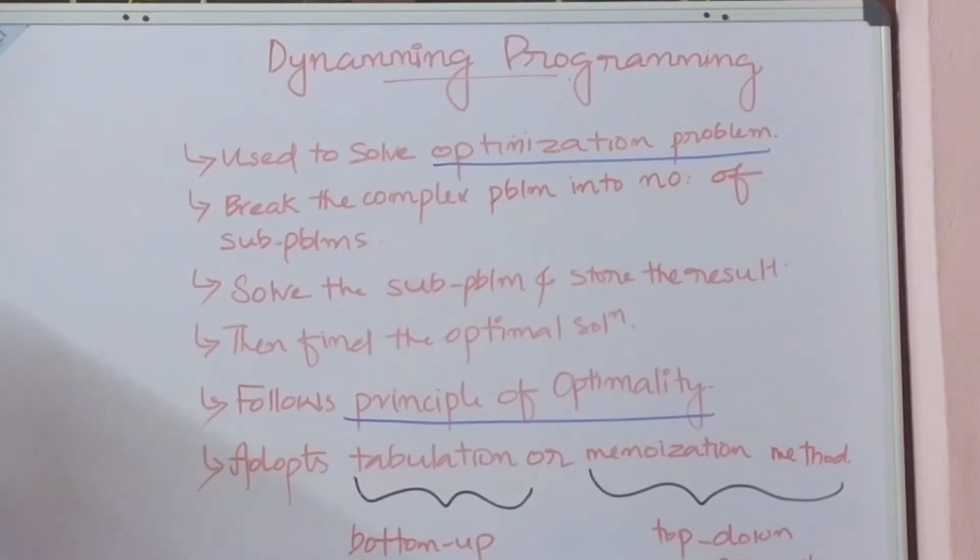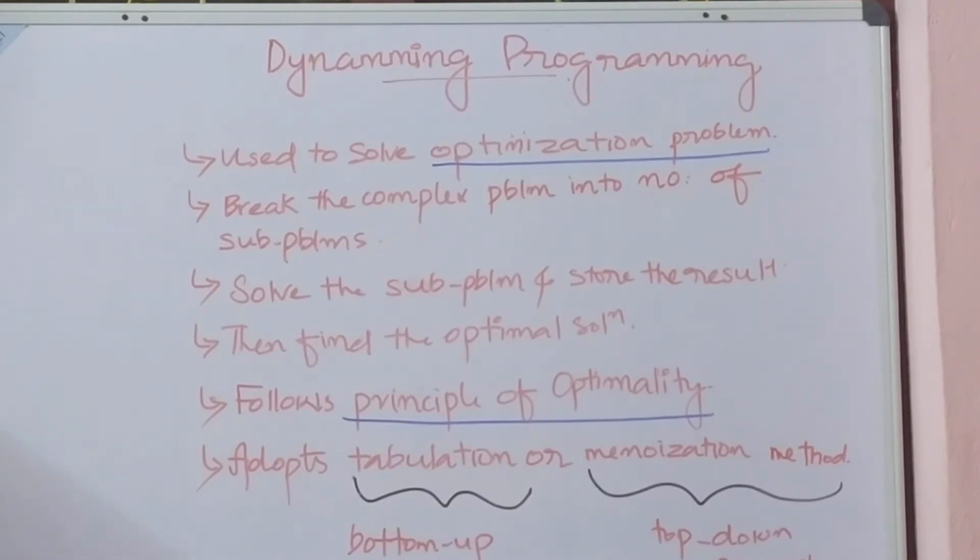What does dynamic programming do? Using dynamic programming, we break a complex problem into a number of sub-problems, solving all of these sub-problems once and storing their solutions using a memory-based data structure.